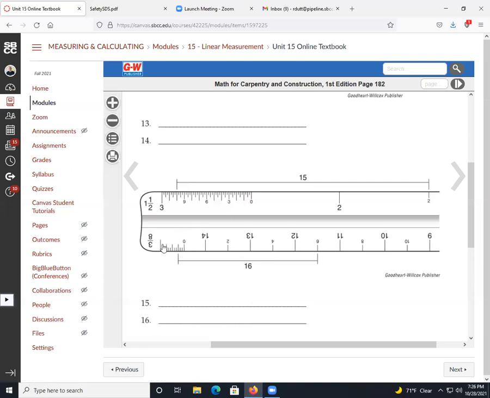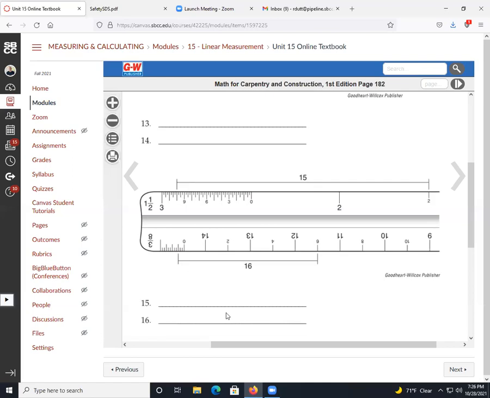How many from 0 to that hash mark? How many lines? There's 12 lines, which means each line represents what? 1 inch, right? 1 inch. So 6 feet, where is that pointing? 6 feet 3 inches. There you go. 6'3".